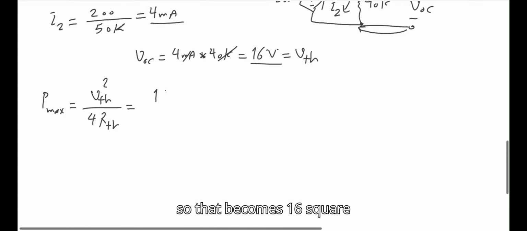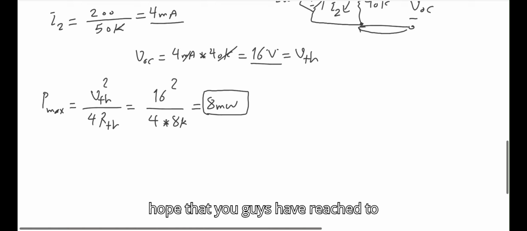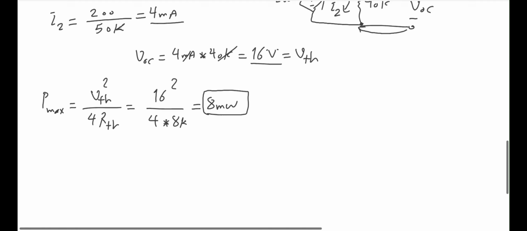So that becomes 16 square over 4 times 8. And actually this 8 is 8k. So that becomes 8 milliwatts. I hope that you guys have reached the same result as I did.